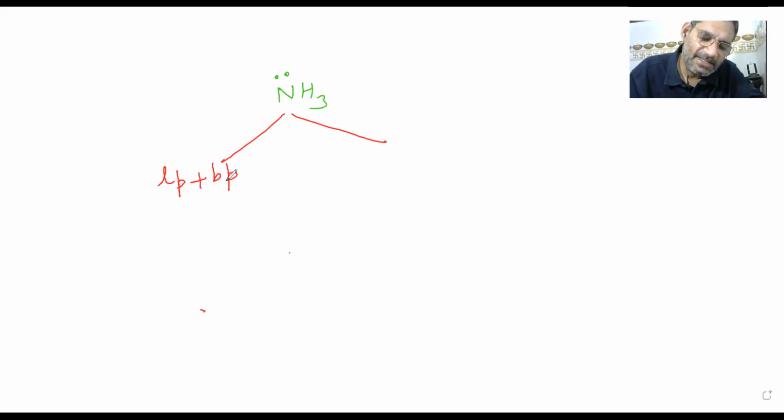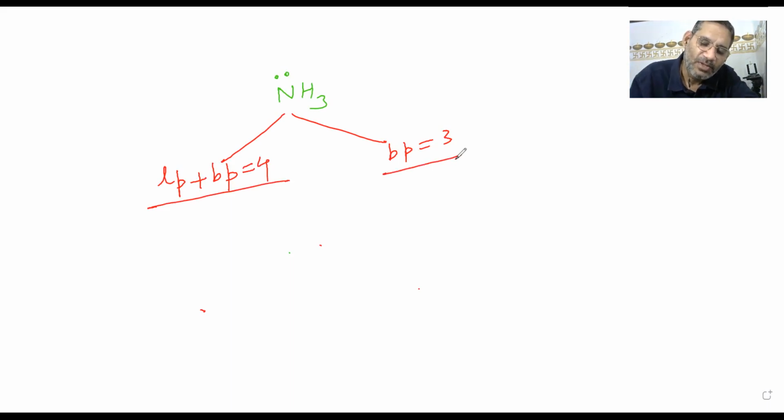And in the second case, how many bond pairs are there? Bond pairs are 3 H, so 3 bond pairs, and 1 lone pair, that is 4. So lone pair plus bond pair is 4, and bond pairs are 3. This is the NMR technique, that is nuclear magnetic resonance.